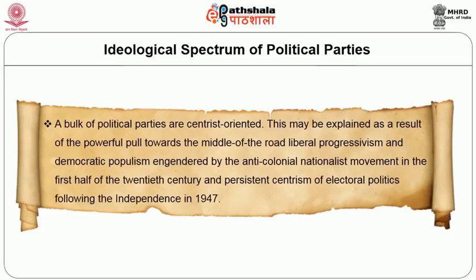This may be explained as a result of the powerful pull towards middle of the road liberal progressivism and democratic populism, engendered by the anti-colonial nationalist movement in the first half of the 20th century and the persistent centrism of electoral politics following independence in 1947.